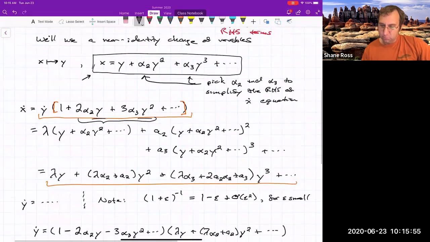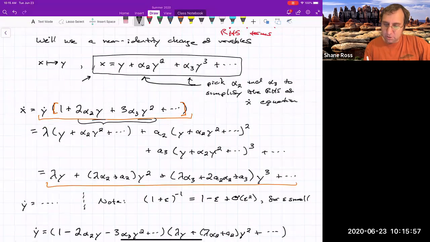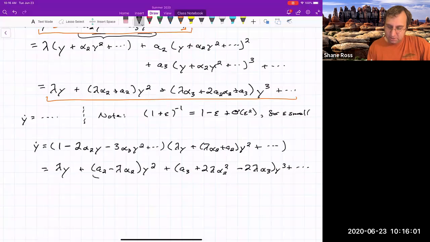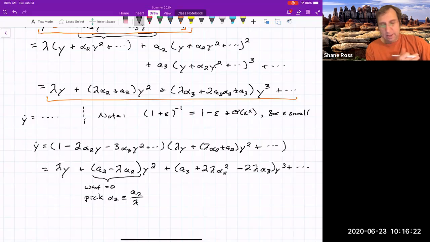Okay, our original goal was to simplify the ODE for y. And I said we could do that by picking alpha 2 and alpha 3 appropriately. So if we wanted to simplify, well, the biggest simplification would be just to have the coefficient of the first nonlinear term be 0. So if we want this to equal 0, then we can pick alpha 2 as a2 over lambda. And now you know why lambda had to be non-zero.